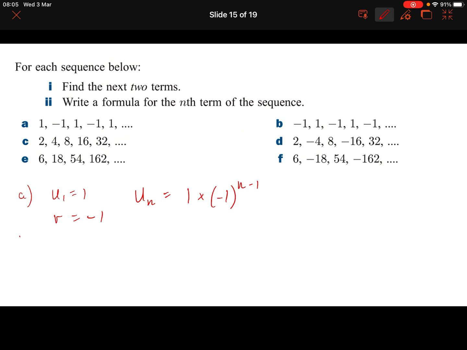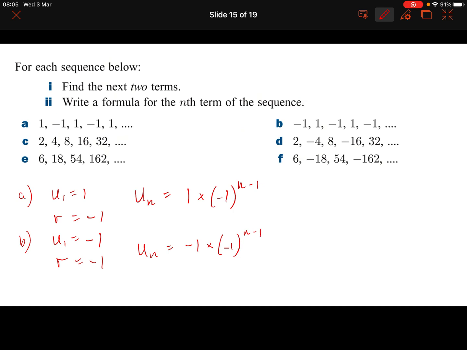For B, it's exactly the same. Always just identify what the first term is. That's really easy, just read it off, and then find the common ratio. Again, that's minus 1. So Un is equal to minus 1 times minus 1 to the power of n minus 1.